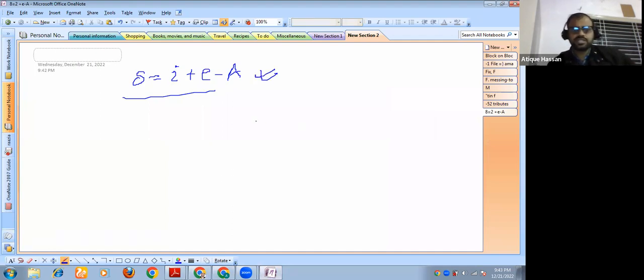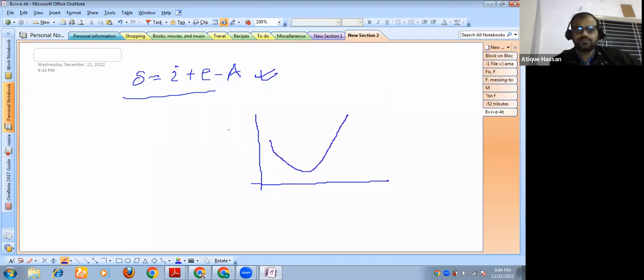Now there is a condition you will get from experiment. Generally, an experiment has been done to find the relation between deviation and angle of incidence. It was found that the graph of delta versus I looks like this.